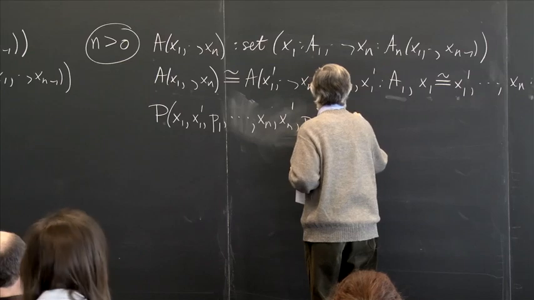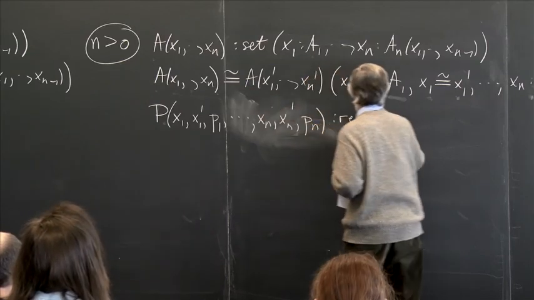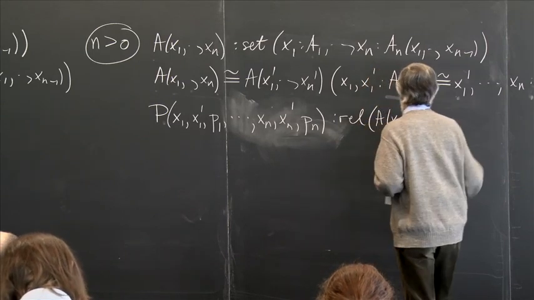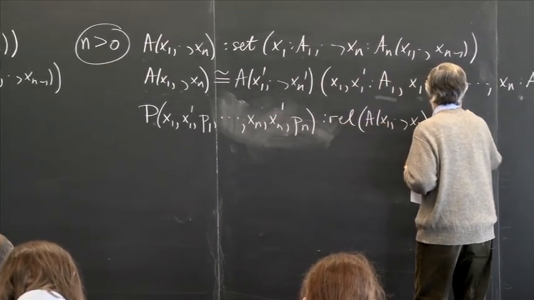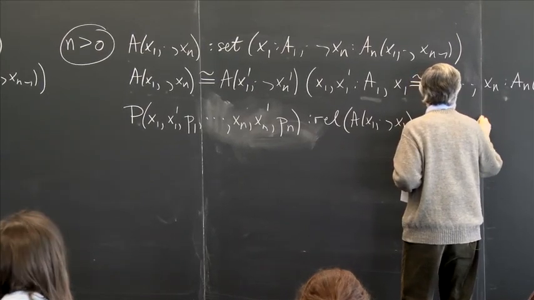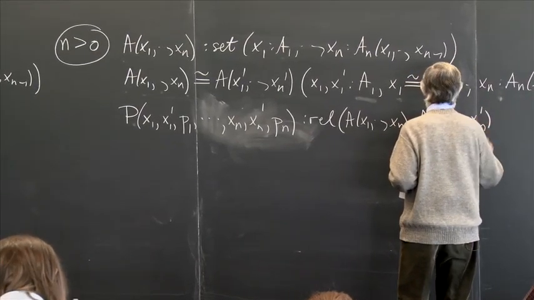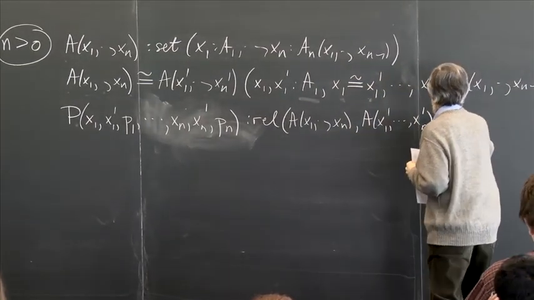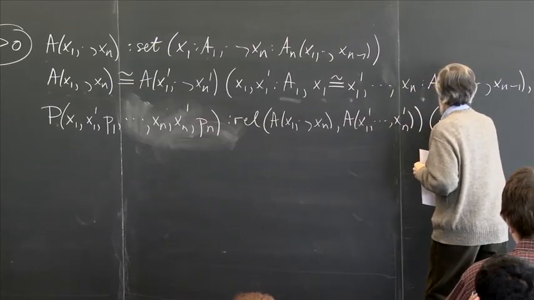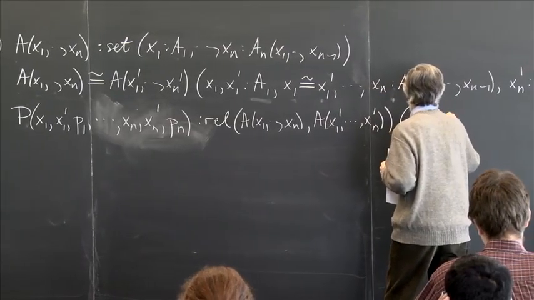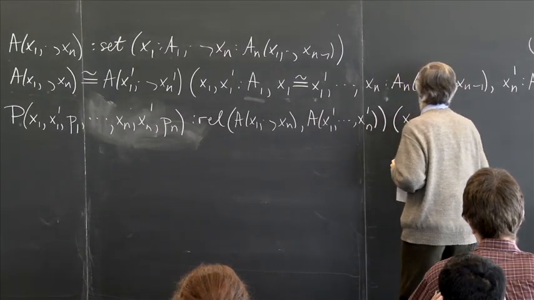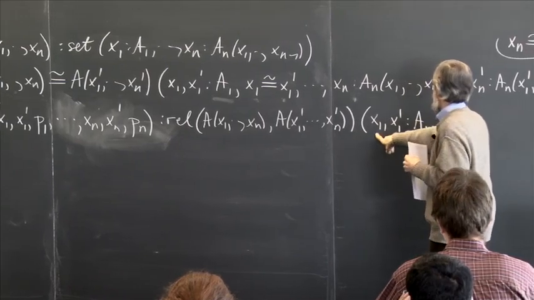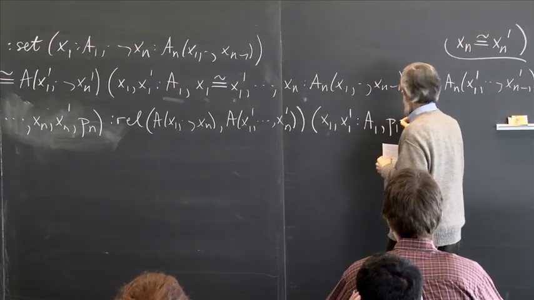So this will be a relation between a of x1 up to xn and a of x1 prime to xn prime in the context where x1 and x1 prime range over a1 and p1 proves that they are related. That's where I was a moment ago.